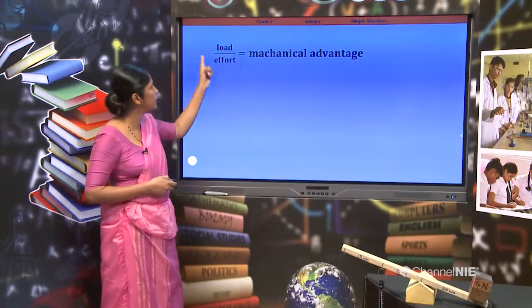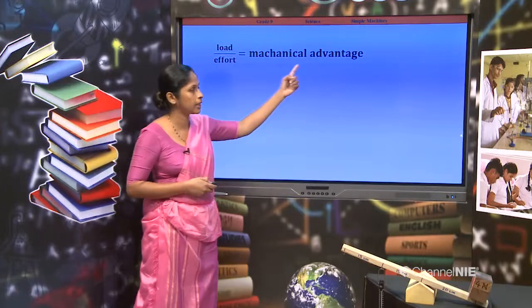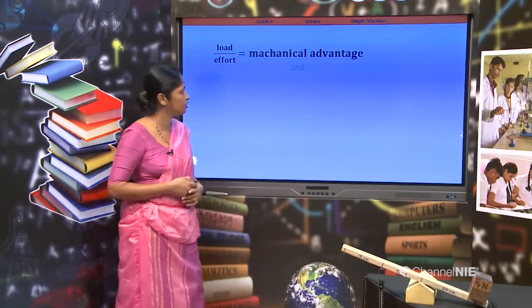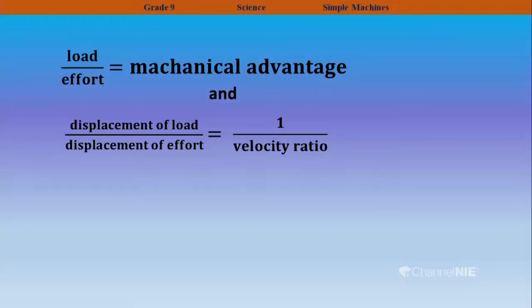As I told you earlier, load divided by effort is the mechanical advantage. Displacement of load divided by displacement of effort is not much familiar, but you studied displacement of effort divided by displacement of load. That was velocity ratio. This is the opposite, upside down.